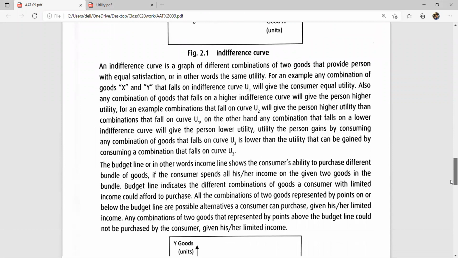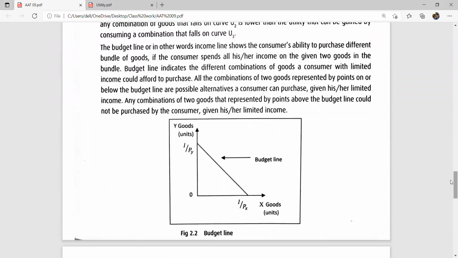After that, unlike the previous case, here consumer equilibrium is illustrated by using the indifference curve and a budget line. Budget means income. Someone can buy a number of units of X and Y, for example, apple and banana.